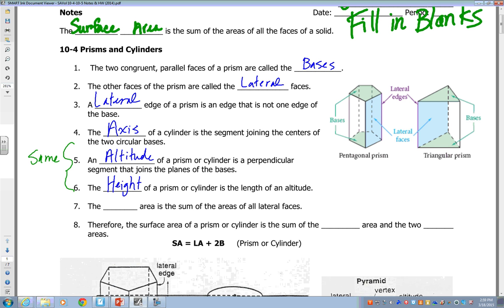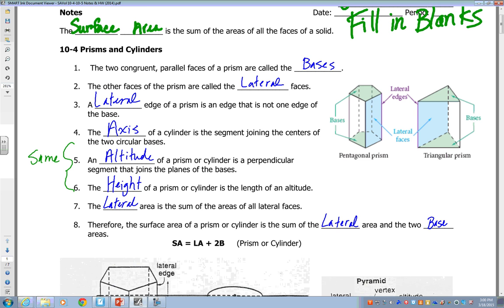All right, you're going to be looking at today lateral area, which is the sum of the area of all lateral faces. And you're also going to be looking at the total surface area, which is basically the lateral area and the two bases, the two base areas, okay?